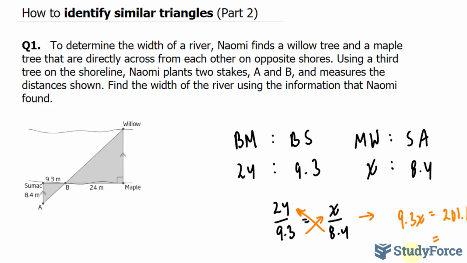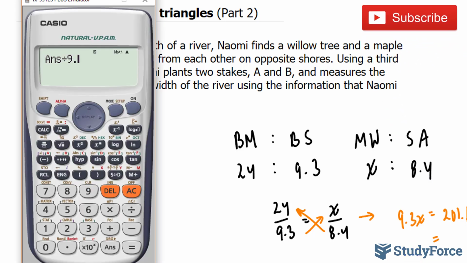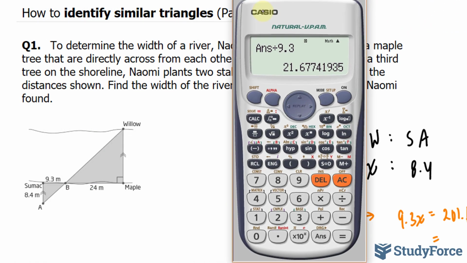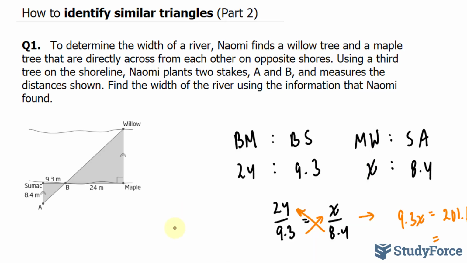To find out what X is, we divide both sides by 9.3. And now we know the distance from here to here, which is 21.67 meters. Now if you want this to 2 significant figures, the answer would be 22. That's the answer to question number 1.